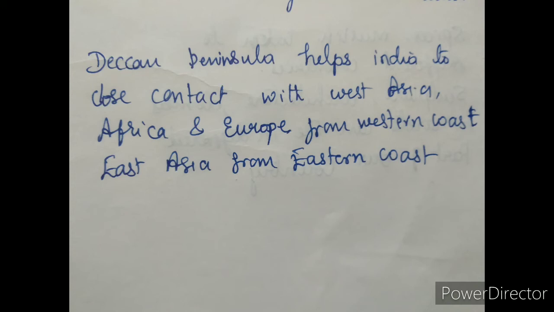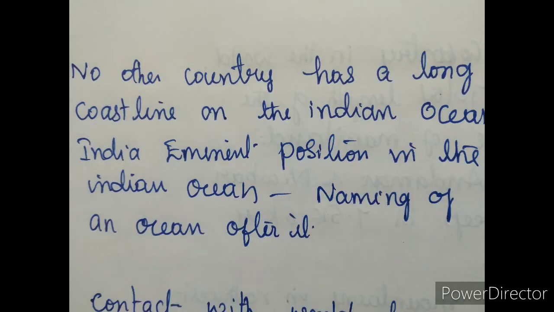So from the past we have had a relationship of exchange of ideas and trade with other countries. On the other hand, the influence of Greek sculpture and architectural styles of dome and minarets from West Asia can be seen in different parts of our country.